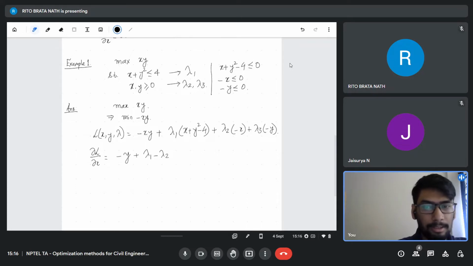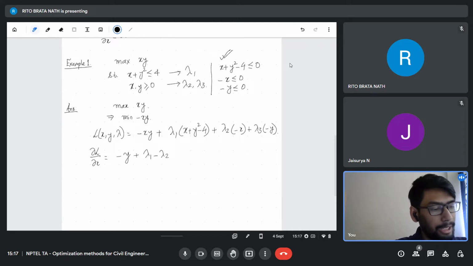Then I have written the Lagrangian function. So it will be a function of x, y, and lambdas. And there will be three lambdas here because there are three inequality type constraints. And you have to convert it into this g(x) less than or equal to 0 type constraints. So that is exactly what I have done.